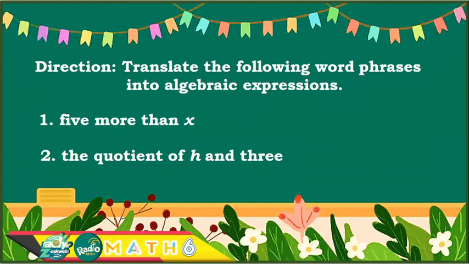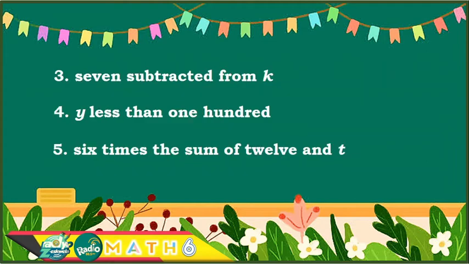Number 2, the quotient of h and 3. Again, the quotient of h and 3. Number 3, 7 subtracted from k. Again, 7 subtracted from k.